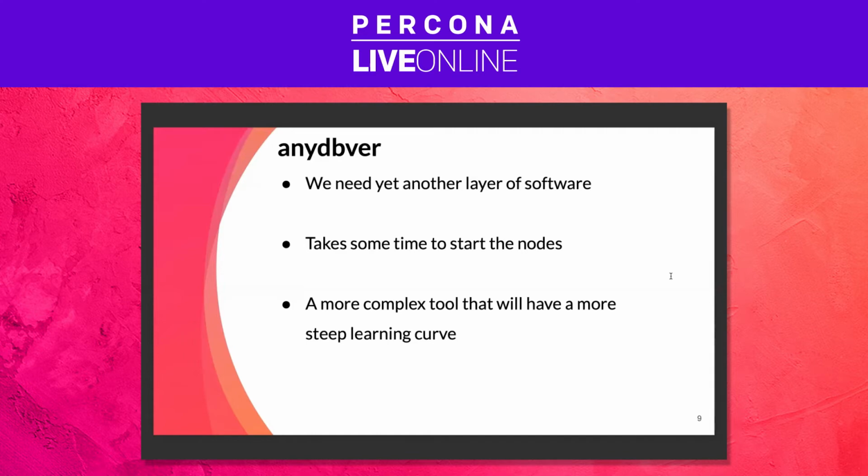The second downside is that it takes a bit of time to start the nodes. Let's say that in a somewhat complex environment, and we are going to check this later, with Patroni and 3 nodes, 1 primary and 2 replicas, you can have around 8 minutes until you can start using the environment, which is kind of a lot.